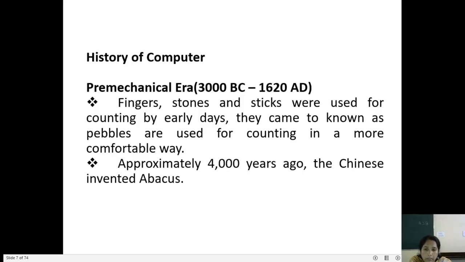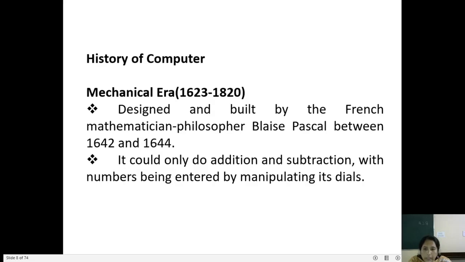In the same manner, at that time they introduced many mechanical devices used for calculation. And they used John Napier's bones, which he used for performing multiplication and division. Like this, this is the pre-mechanical era. Due to shortage of time, I am telling you only some examples of it.